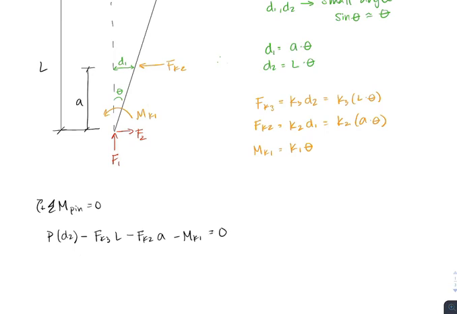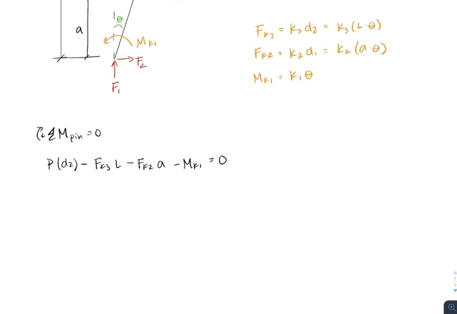So then we go ahead and plug in what we know for those values. We have P times L theta, which is D2, minus our FK3, which is K3 times L times theta, times another L, minus K2 times A times theta times another A, and then minus our MK1, which is K1 times theta, all equal to 0.